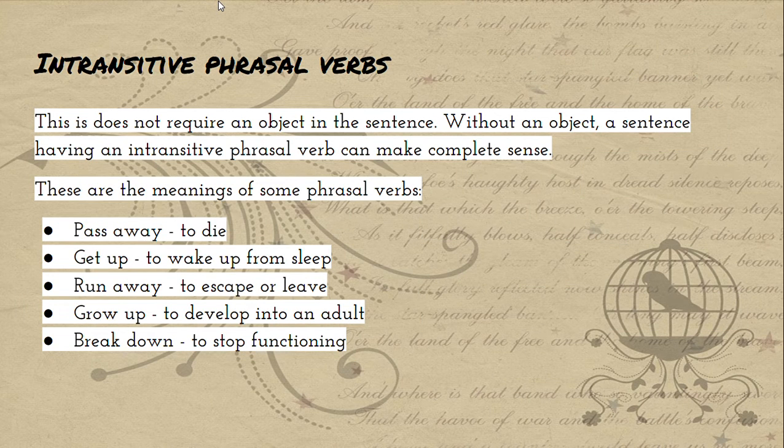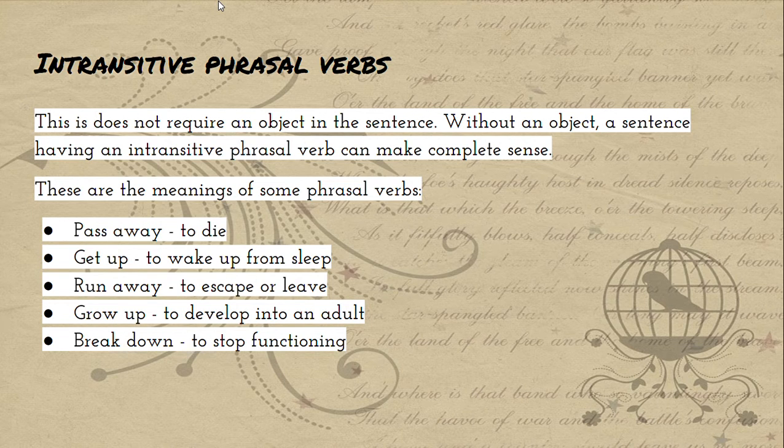Intransitive phrasal verbs don't require an object in the sentence. So without an object, the sentence having an intransitive phrasal verb can make total sense. So we have some meanings. Here we have pass away, which means to die. Get up, from sleep.